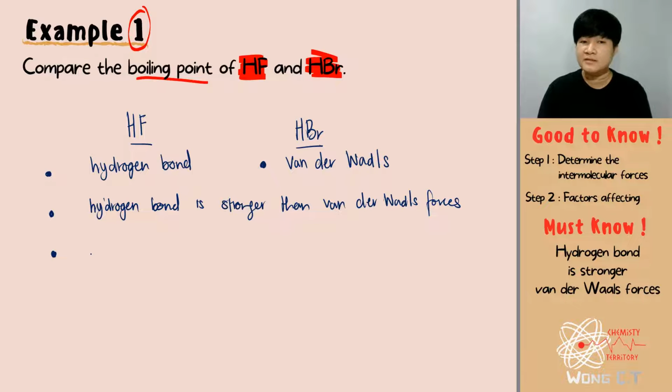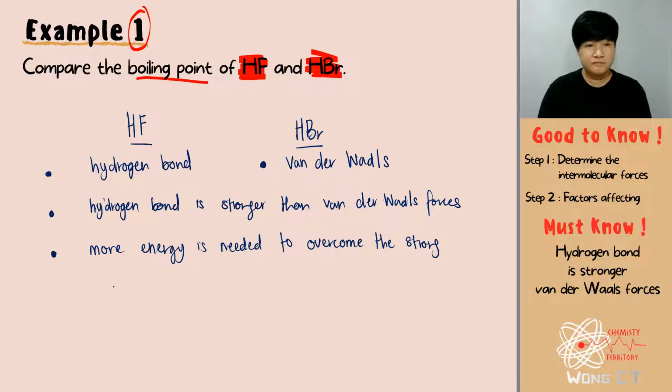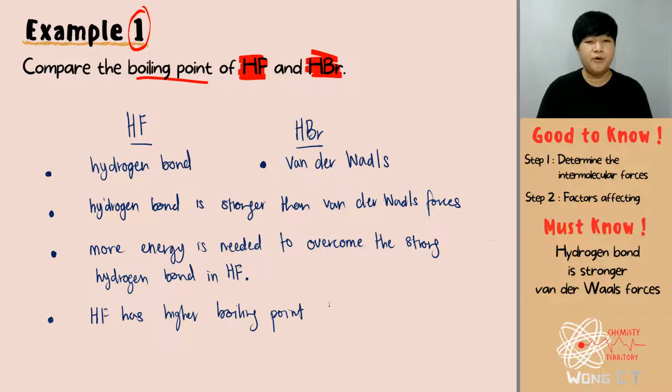More energy is needed to overcome the strong hydrogen bond in hydrogen fluoride. And more energy means what? More energy always means higher boiling point. Therefore, HF has higher boiling point than your HBr. And as simple as that.